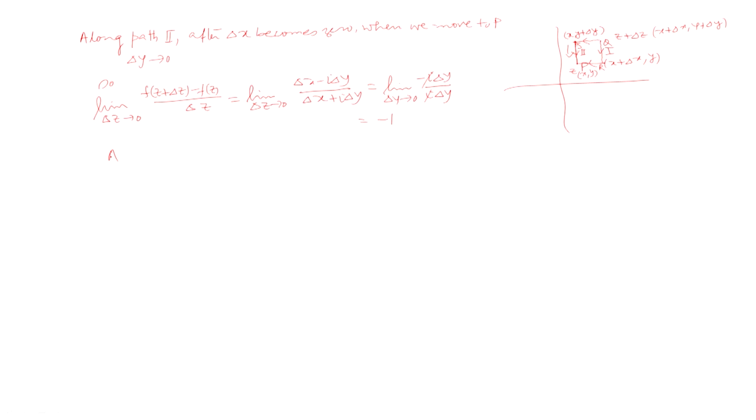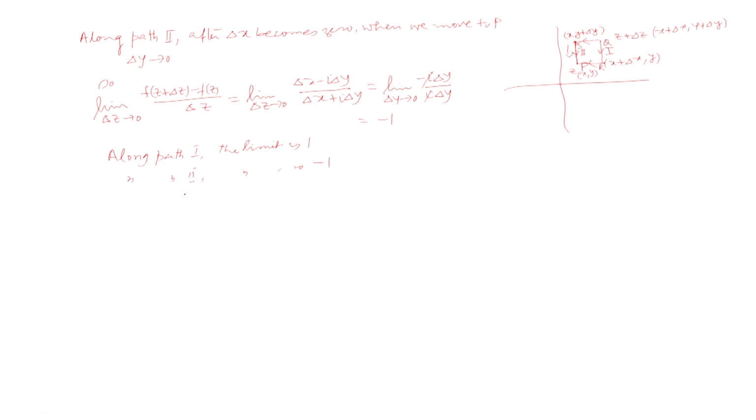So, along path 1 the limit is 1, while along path 2 the limit is minus 1. Okay.